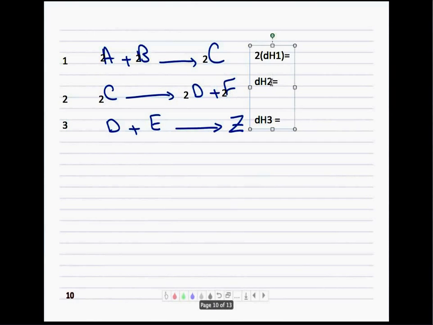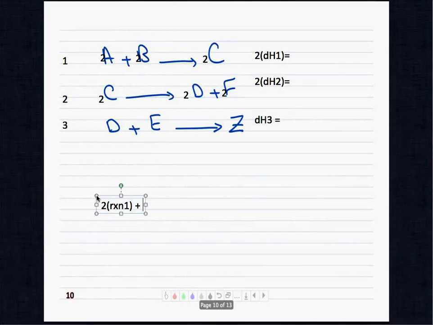Then I decide that I want to add those 3 reactions together. Now the 2C that I add on the product side is going to cancel the 2C on the reactant side of the other reaction, because now I'm adding these 3 reactions.